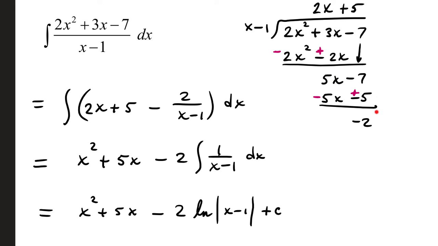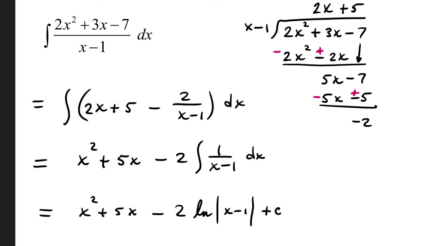Negative 7 plus 5 is negative 2. So the purpose of the long division is to take this big fraction and break it down into simpler terms. Specifically, the quotient, 2x plus 5, minus the remainder, which is negative 2, over the divisor, x minus 1. Start at the top and go clockwise. That's how you translate all that long division.